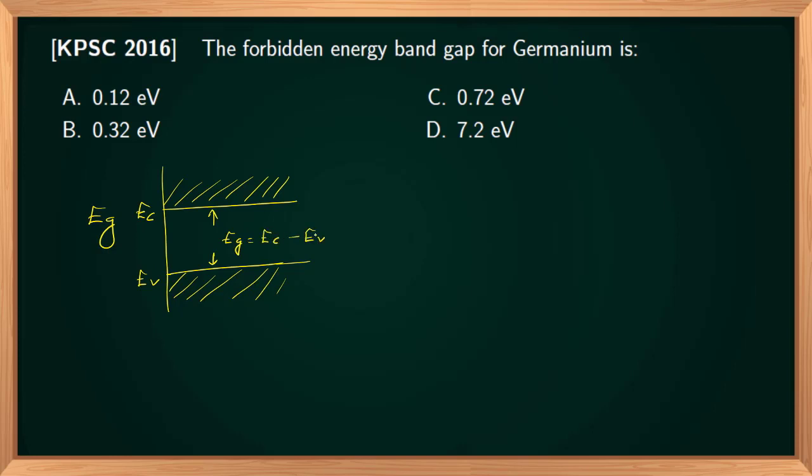Now an electron cannot assume an energy level within this forbidden energy gap. For silicon, the forbidden energy gap is nearly 1.121 electron volt. For germanium, it is 0.72 electron volt. The correct option is option C, that is 0.72 electron volt.